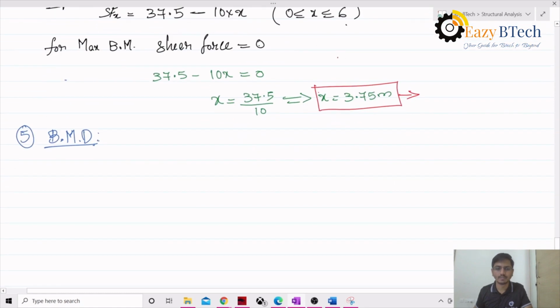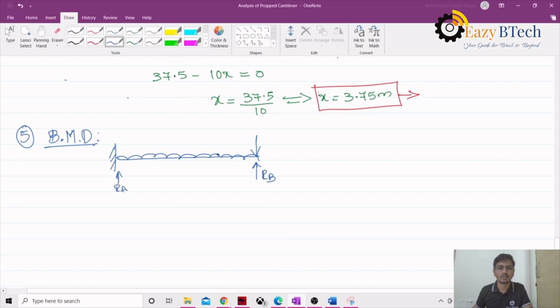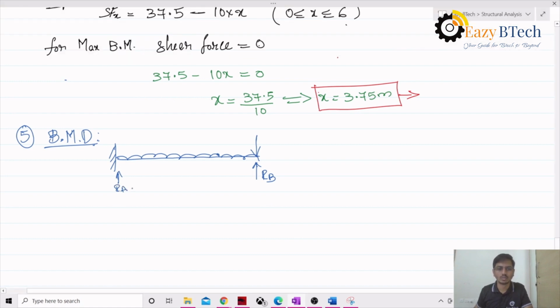It is very simple. First, we need to be very clear about the beam and its loading and its reactions. So we have RB, we have RA. RA is nothing but 37.5, RB is nothing but 30.5.